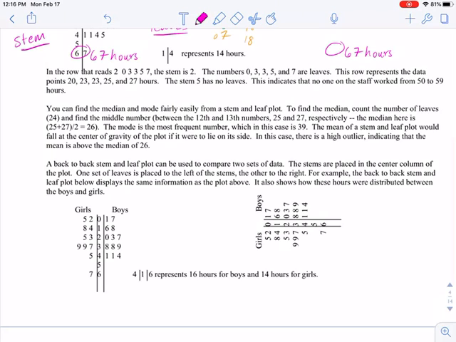Okay, so this is called a back-to-back stem and leaf plot. And here I've introduced another variable, gender, which actually I should update because we only have girls and boys represented here. But I've got girls on the left and boys on the right, and this is a way for us to compare the distribution of the girls to the distribution of the boys.